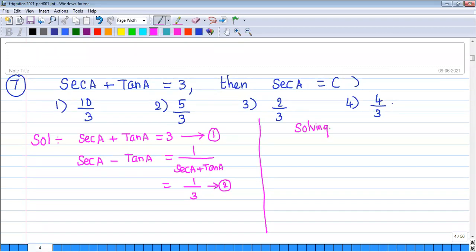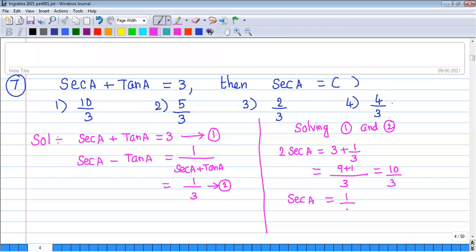Adding, tan A cancels, sec A plus sec A, 2 sec A is equal to 3 plus 1 upon 3. LCM 3, 9 plus 1. This will be 10 upon 3. We need sec A. Sec A is equal to 1 by 2 multiplied with 10 upon 3. This will be 5 upon 3, our answer. Second option is the right option.